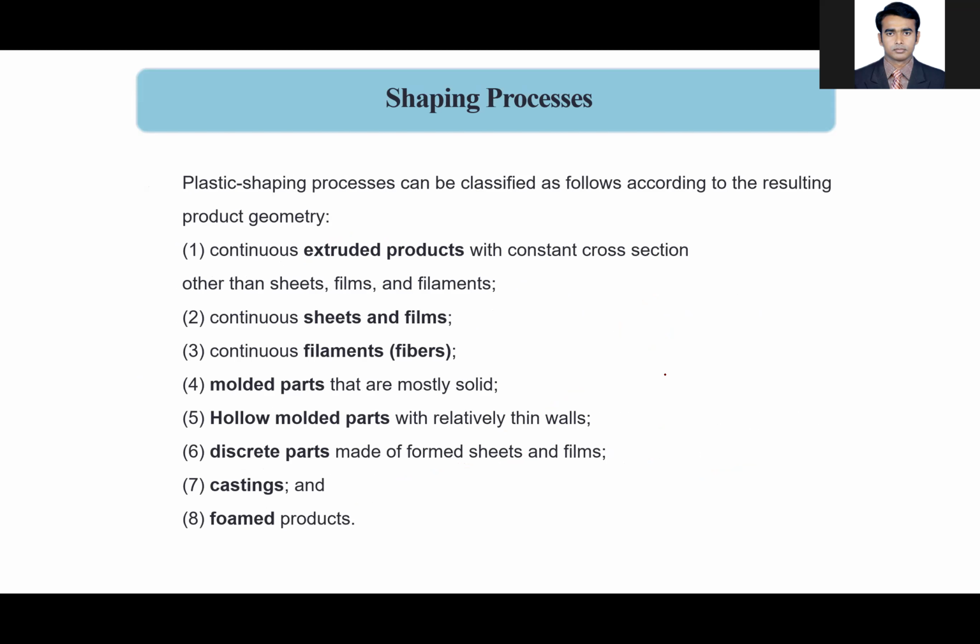The shaping processes include extruded products, which are sheets, films, or filaments like fibers, or poly bags or polythene sheets, that are used for building construction or insulation. Continuous sheets or films, then filaments, and molded parts, that means various household items or plastic toys.